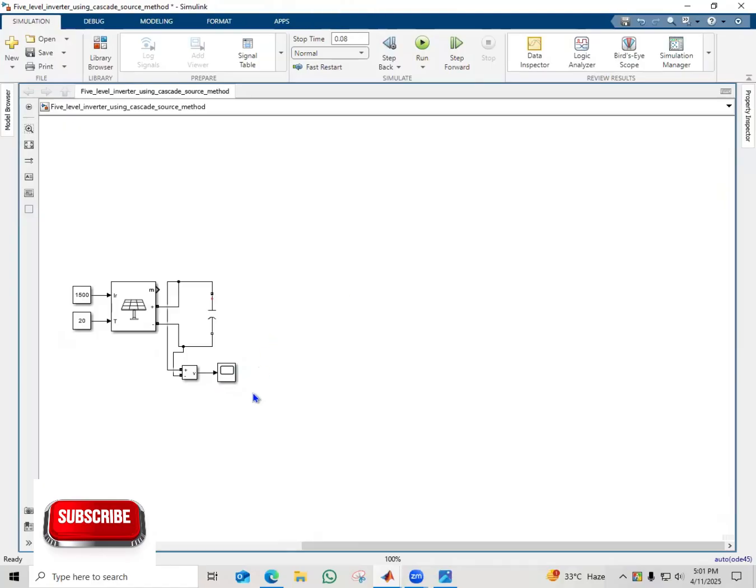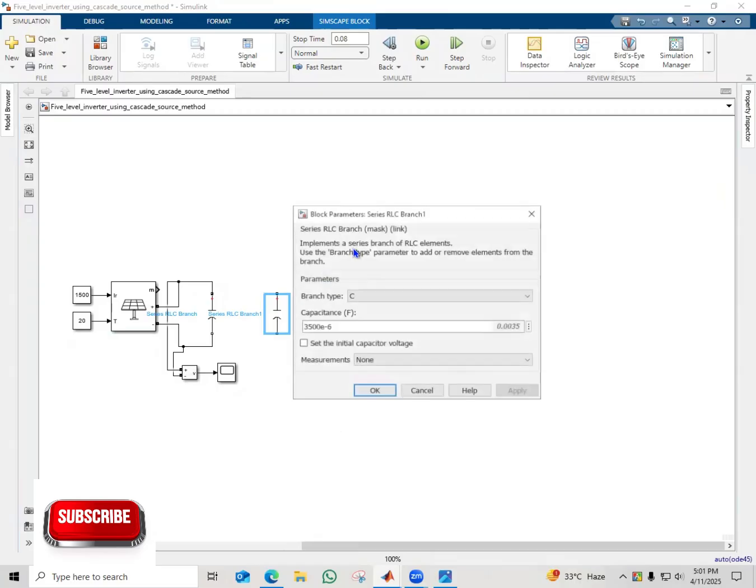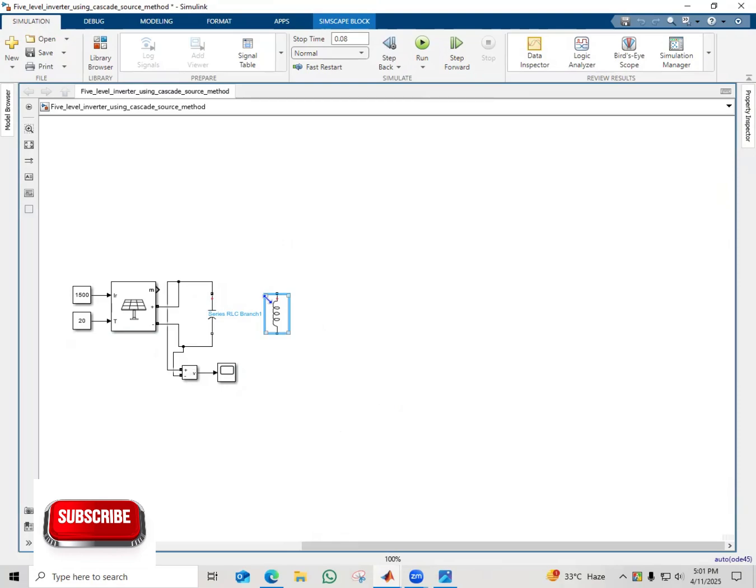Okay, now we have to boost up this voltage. To boost up this voltage, we need a voltage booster circuit. So first of all, we need an inductor. Now connecting the inductor with this capacitor here.